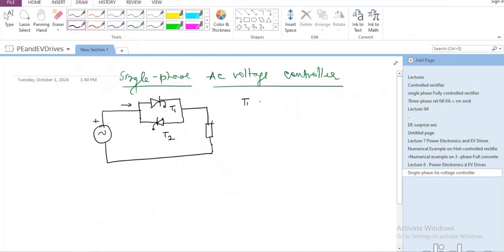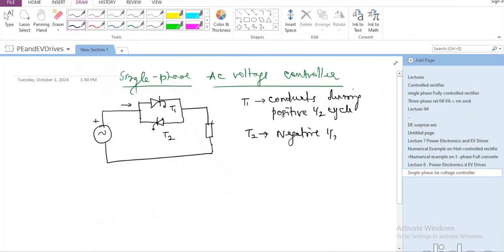T1 can conduct during the positive half cycle, and T2 will conduct during the negative half cycle.